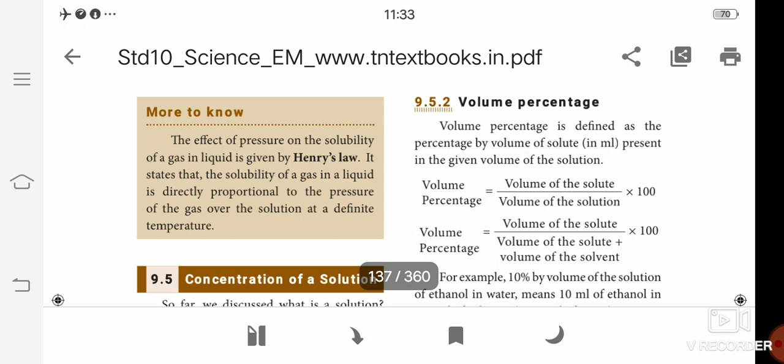Volume percentage is expressed as V by V, volume by volume. Volume percentage decreases with increasing temperature.